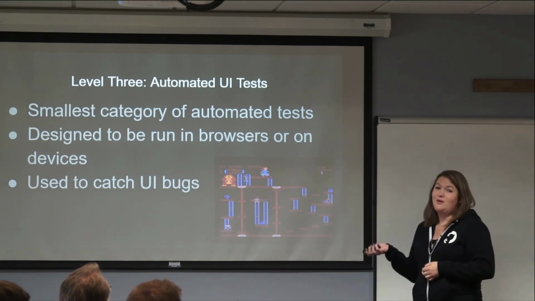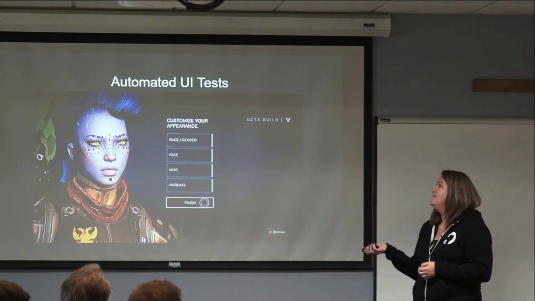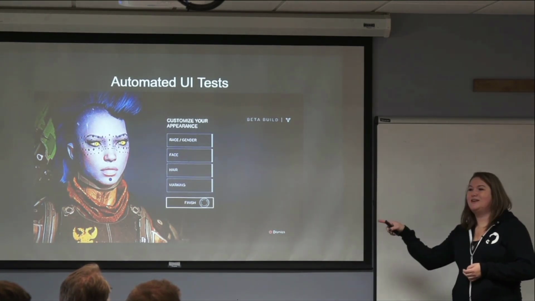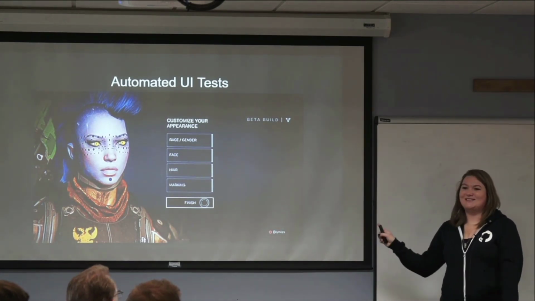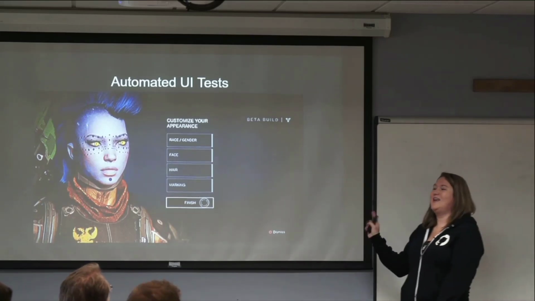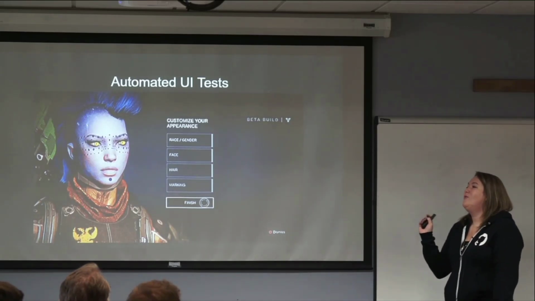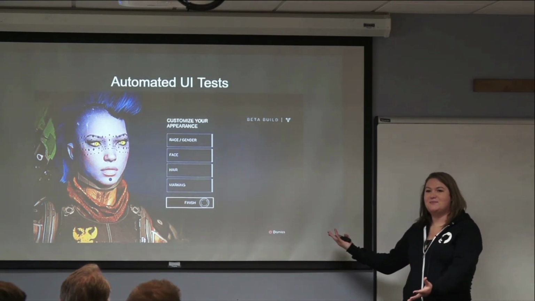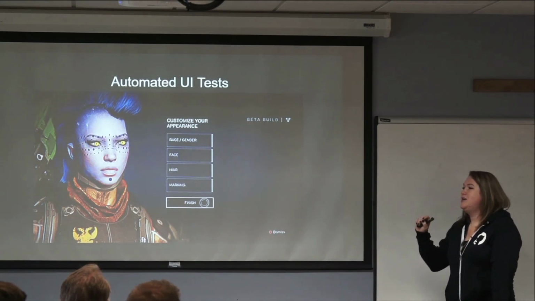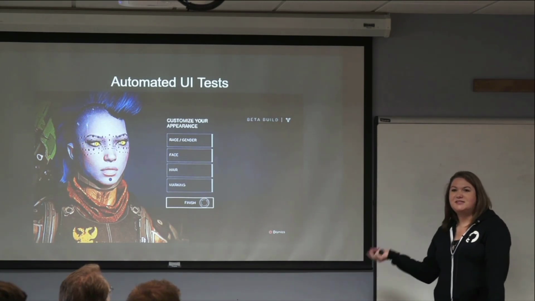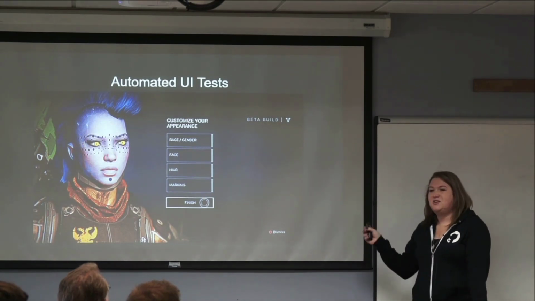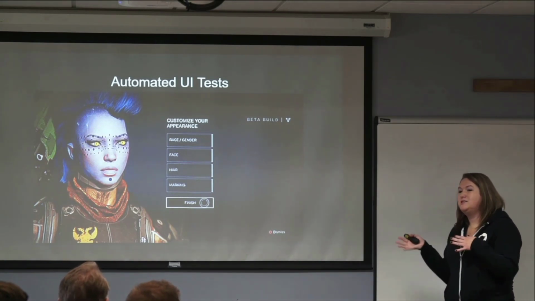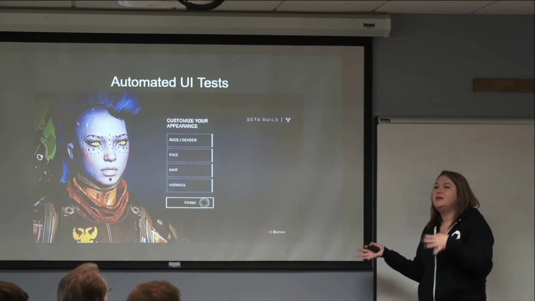One way to think of automated UI tests in video game terms is character creation. Who here has ever played this game or knows what this game is? Yeah, okay, so this is the game Destiny. So if you're creating a character and you get this fun screen of creating and customizing your character, and then you change the eye color, what happens? What happens if you change the size of the nose to the smallest setting? What happens if you change all the settings to the smallest size or the largest size?